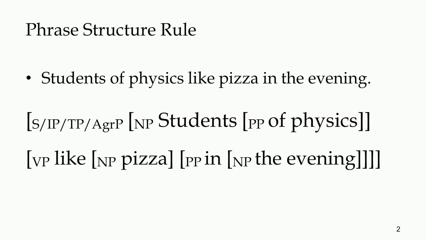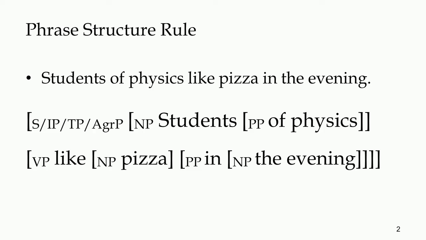We have taken an example of a sentence, "students of physics like pizza in the evening." Then we tried to analyze the components of this. "Students of physics" is a noun phrase, and the whole phrase is the subject of the sentence.